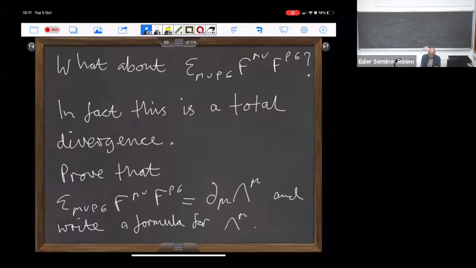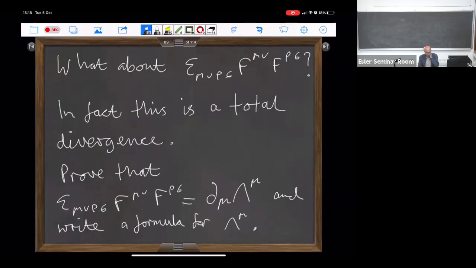Okay, that was F_{μν} squared. What about this other Lorentz invariant quantity, epsilon F times F? Well, this quantity turns out to be a total divergence. So I'm going to leave that as an exercise. It's a nice, useful exercise for you to show that this other term is a total divergence.